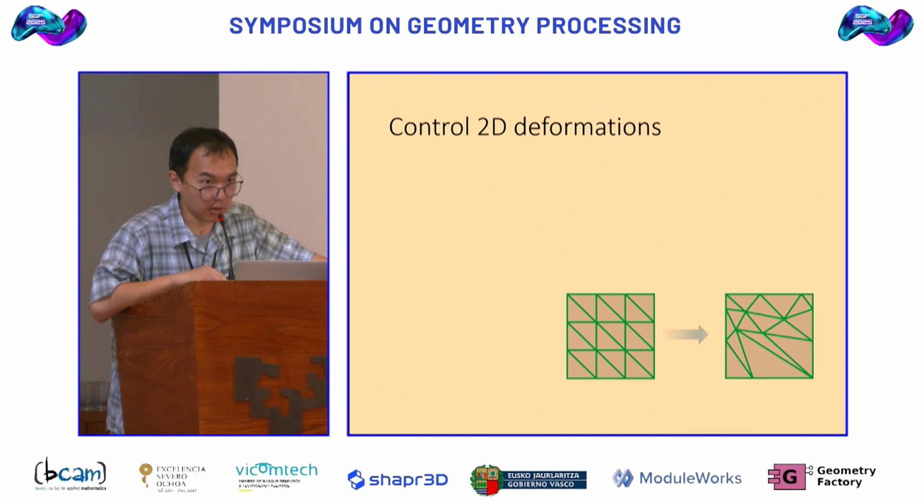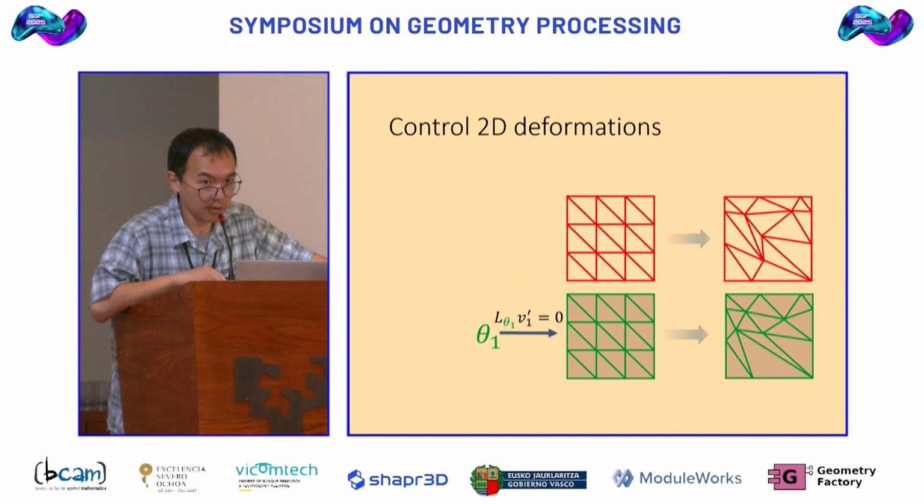You can change the boundary vertices and have different meshes, so you can have two different 2D injective mappings. So this is enforced by construction.